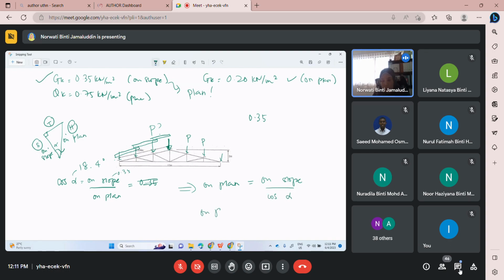On slope is 0.35, divided by cos 18.4. Okay, berapa?